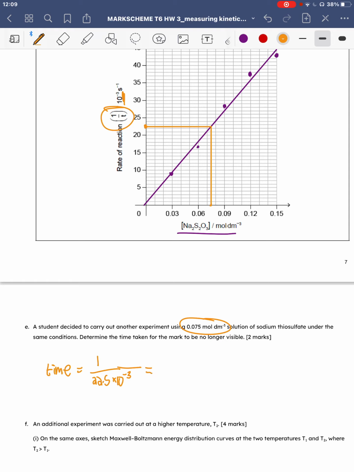And so that equals 44.4 seconds. Just so you know, they accepted anything between 42.4 and 46.4 seconds. That was the range that was accepted here.